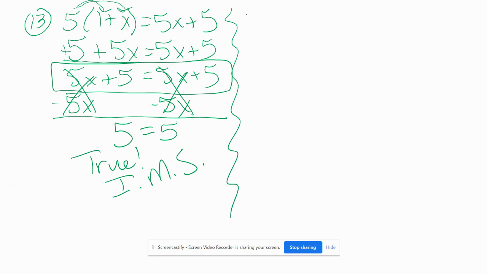Number 14. We have 3 times n plus 4, 1/2, 6n plus 4.